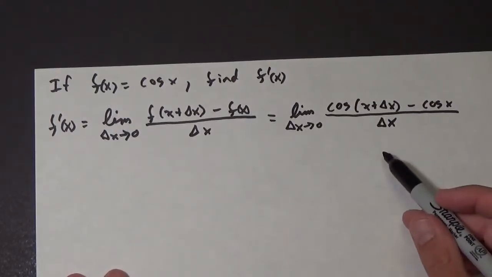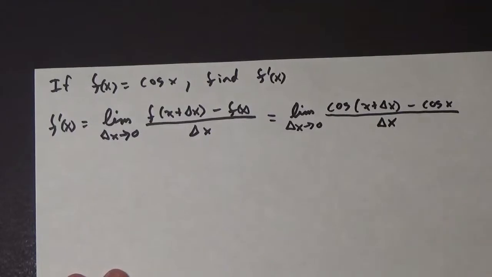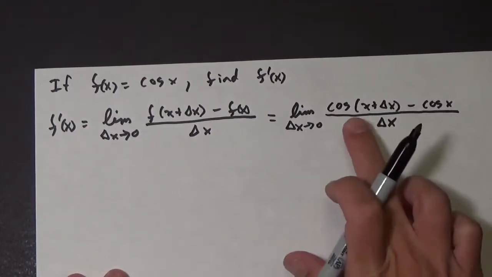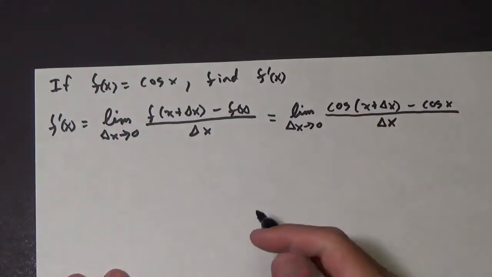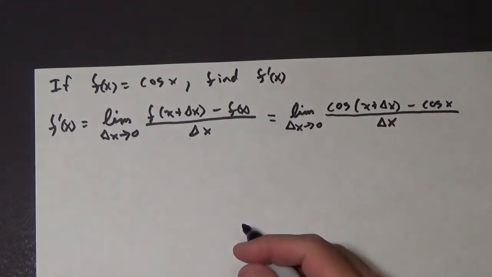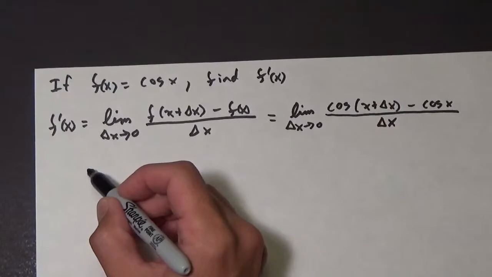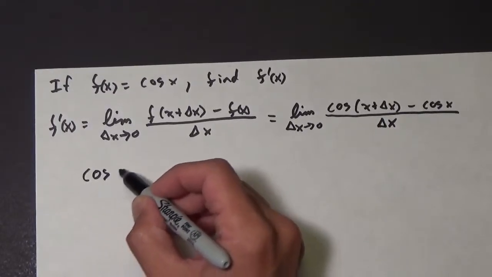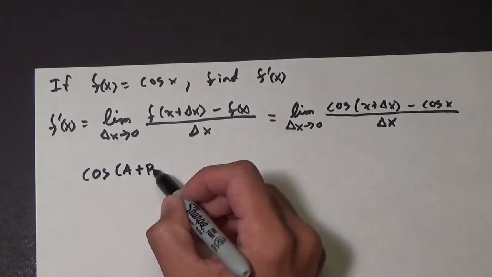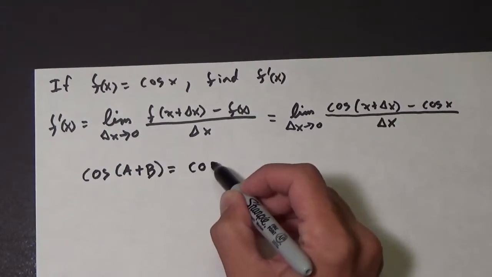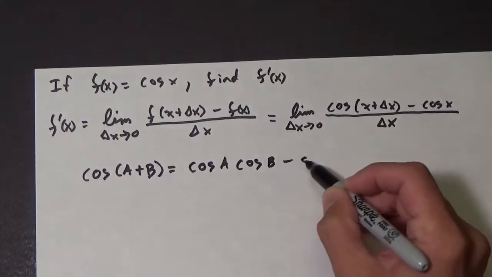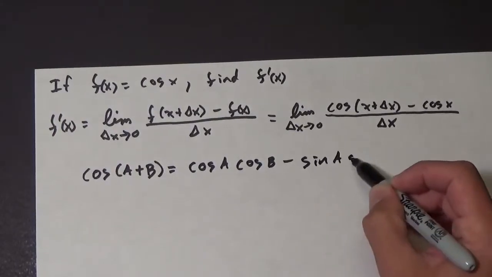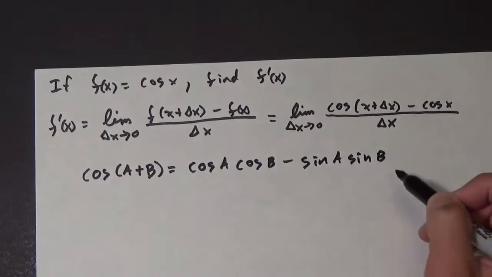Evaluating this is going to look kind of similar to the sine one, because we have this cosine of x plus delta x and we need to expand that out using a cosine sum formula. So let's see if we can remember that. The cosine of a plus b equals the cosine of a, cosine of b, minus the sine of a times the sine of b.